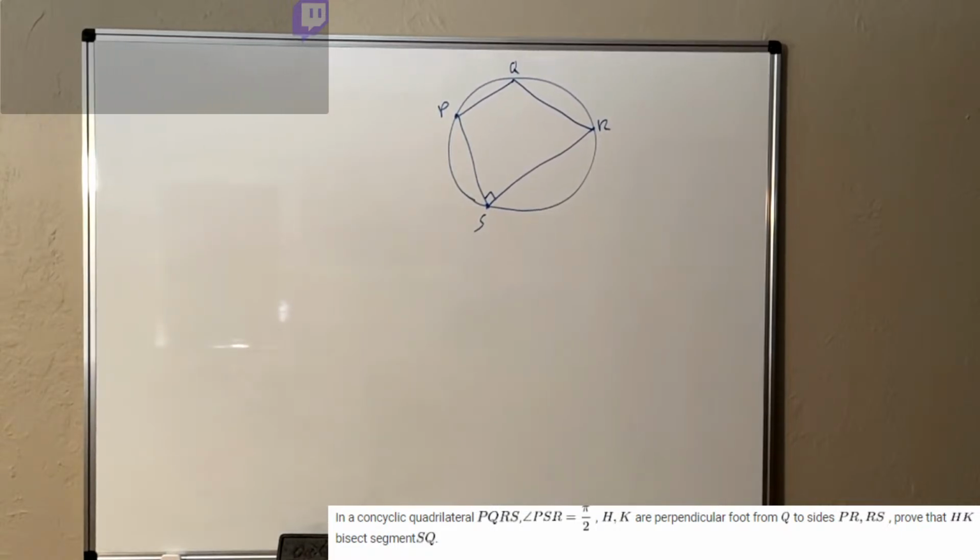H and K are perpendicular feet from Q to sides PR, RS.